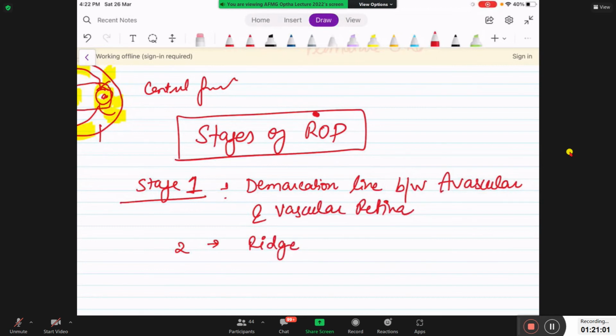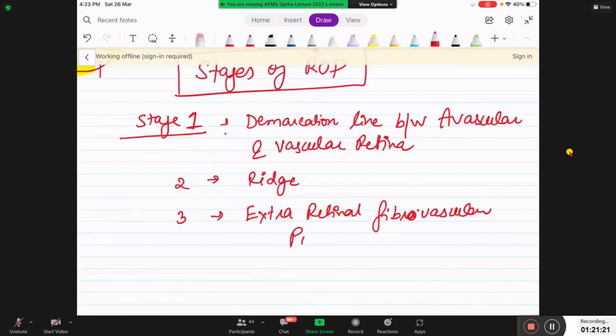A ridge is slightly elevated; the line is straight. In stage 3, you will see extraretinal fibrovascular proliferation.